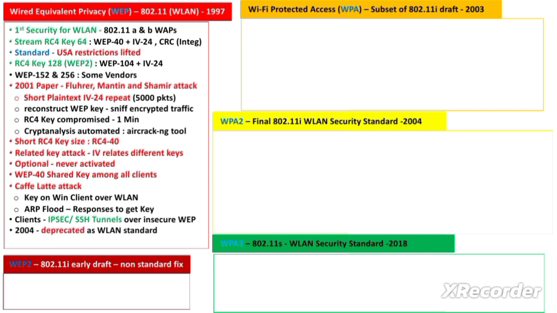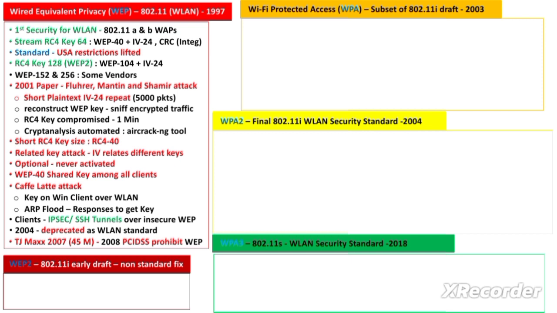So WEP was deprecated in 2004 by WPA2, and even then, different devices and different vendors were still using WEP.